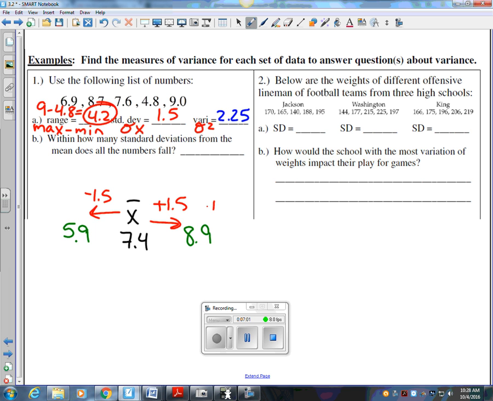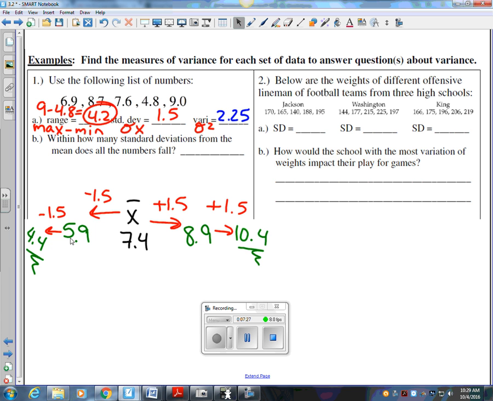So you add 1.5 again, and you subtract 1.5 in each direction. Okay, what do you get when you add 1.5? And what about this way? Okay. Do all of these original numbers fall between 4.4 and 10.4?